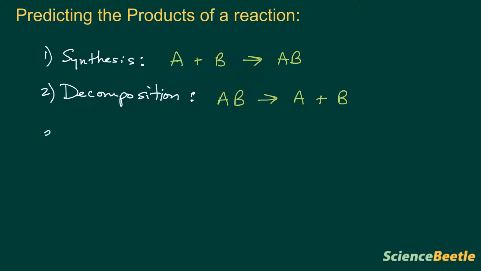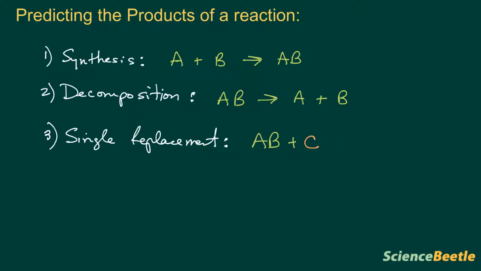And then there was also the third type of reaction, which was a single replacement. The single replacement dealt with having one compound being replaced by a third. So let me go ahead and put this. You had a compound AB, and this one was going to be influenced by a second entity.